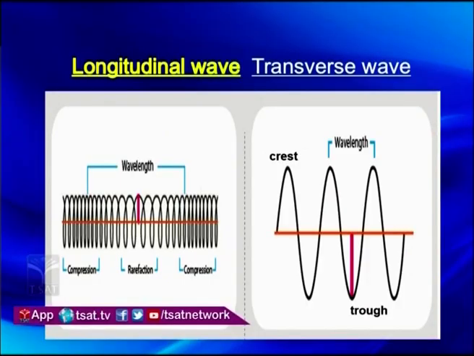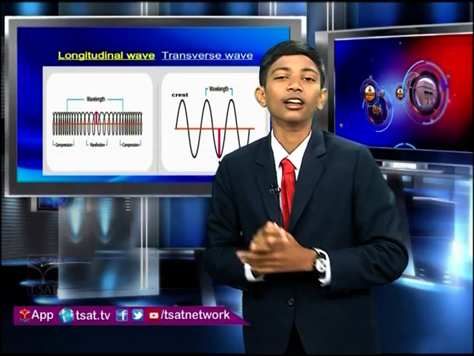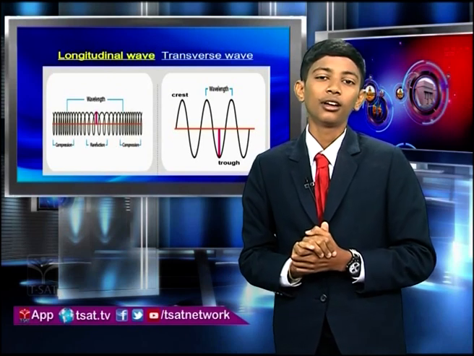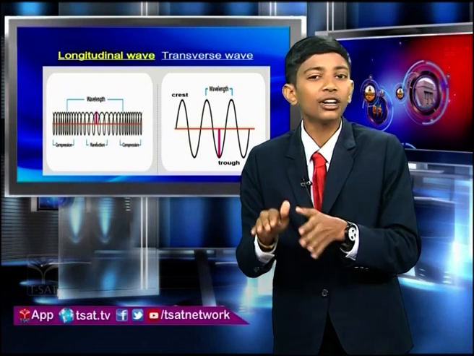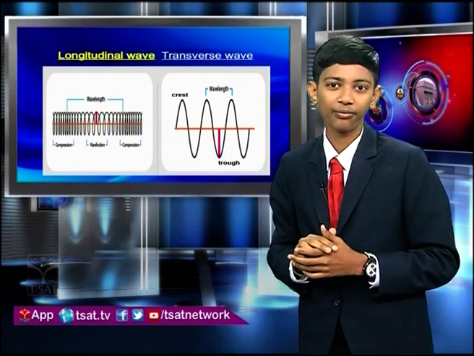To understand these two types of waves in a better way, please look here. For example, this is the direction of wave propagation, and if the particles of a wave move parallel to this direction of wave propagation, then those waves are called longitudinal waves. In longitudinal waves, compressions and rarefactions are formed.